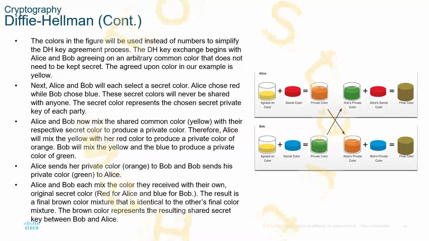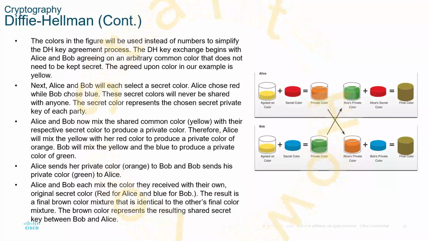Basically, Diffie-Hellman allows us to have a way to look at the simplifying of DH key agreement.